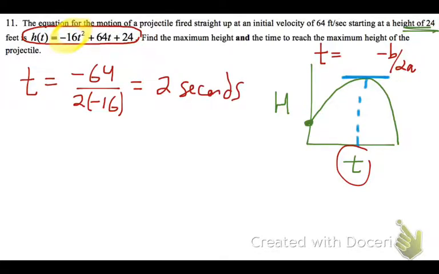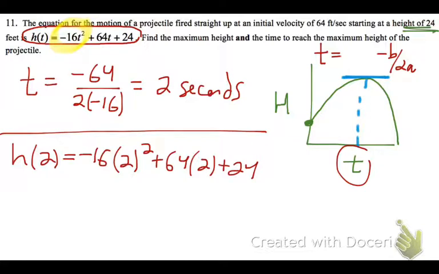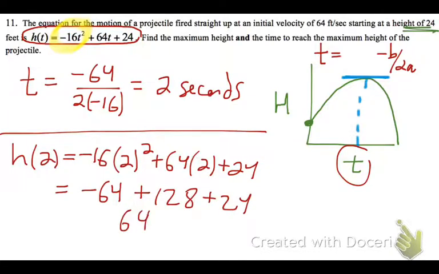What is that height? Well, then we would evaluate h of 2 to find that height. Negative 16 times 2 squared, plus 64 times 2, plus 24 to find the maximum height. So that would be negative 64, I believe, plus 128, plus 24, 64 plus 24, 88, and the units are feet.